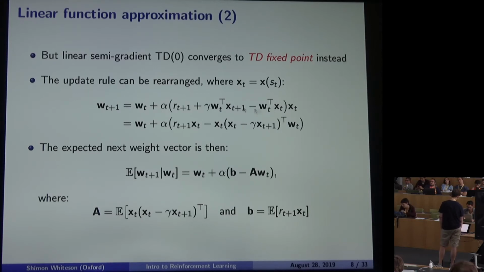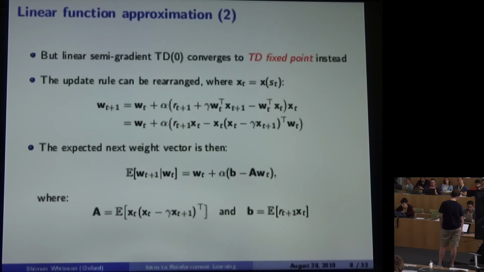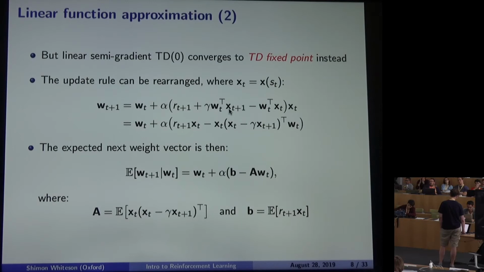So this line looks exactly like this one, but the v's have been replaced by the inner products that are equal to v. Now I just rearrange some terms. I distribute the x, and then I group everything that has a w_t term in it, and that allows me to write the expected weight vector.